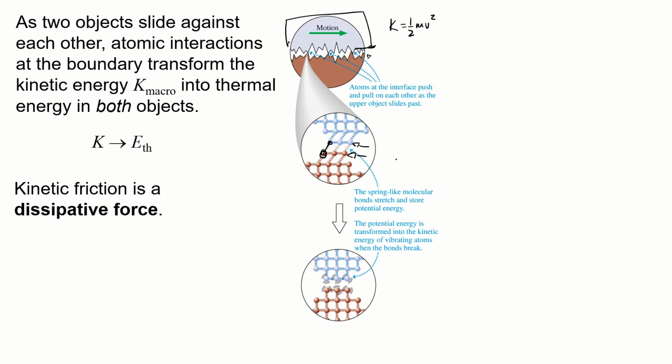So each individual atom is going to have an increased kinetic energy, and we're increasing this microscopic energy of the system. After they've hit, they're shaking more. So what's going on here is this macroscopic kinetic energy is being transferred into some microscopic energy.